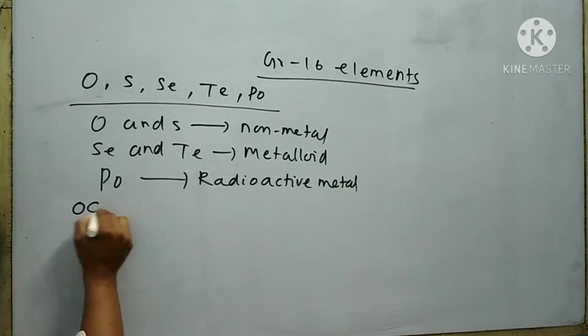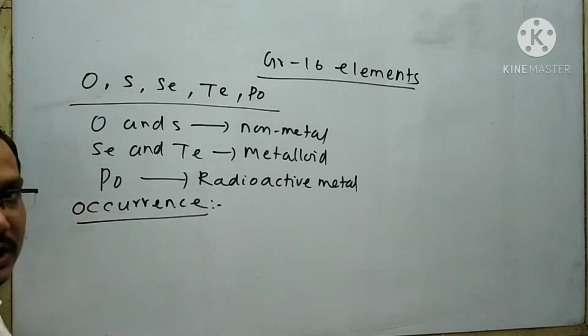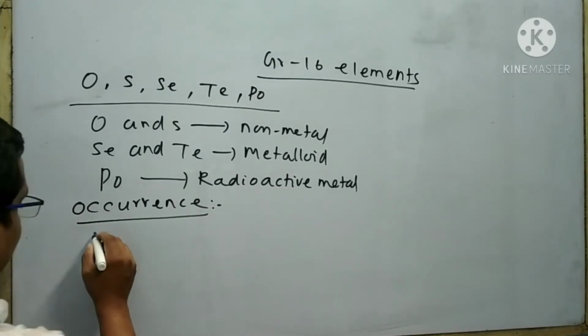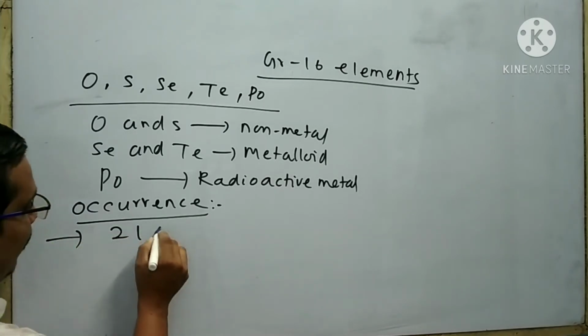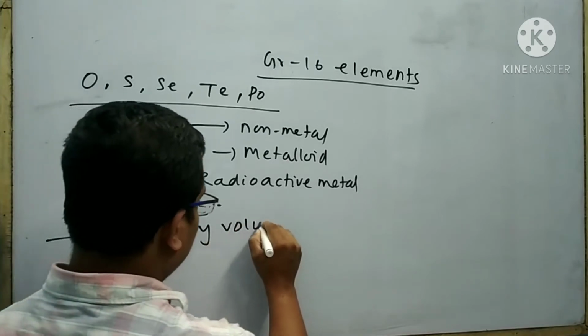Next, I will discuss the occurrence of group 16 elements. In our atmosphere, the percentage of oxygen is 21% by volume.